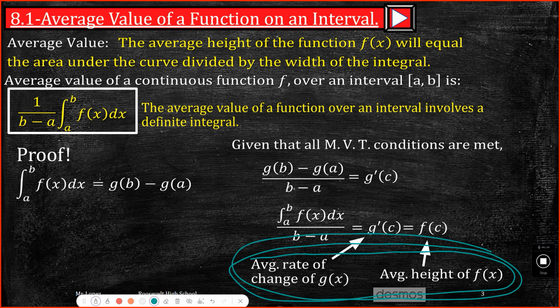The average rate of change of G of X is equal to the average height of F of X. Here we go. Let's do some problems now.